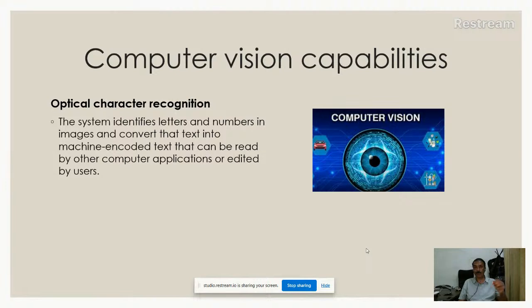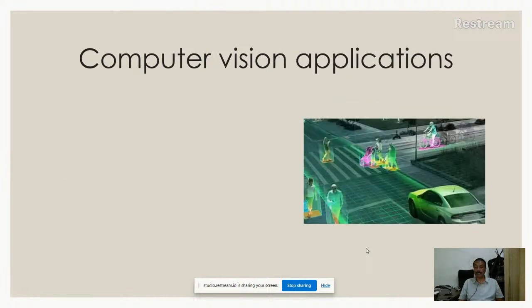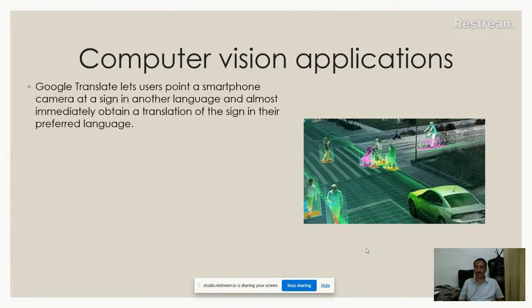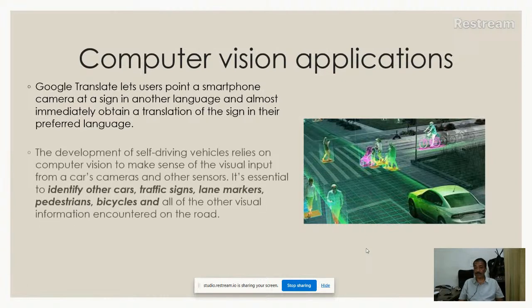Maybe even handwritten script can be read by artificial intelligence. As an application, Google Translate lets users point a smartphone camera at a sign in another language and almost immediately obtain a translation of the sign in their preferred language.